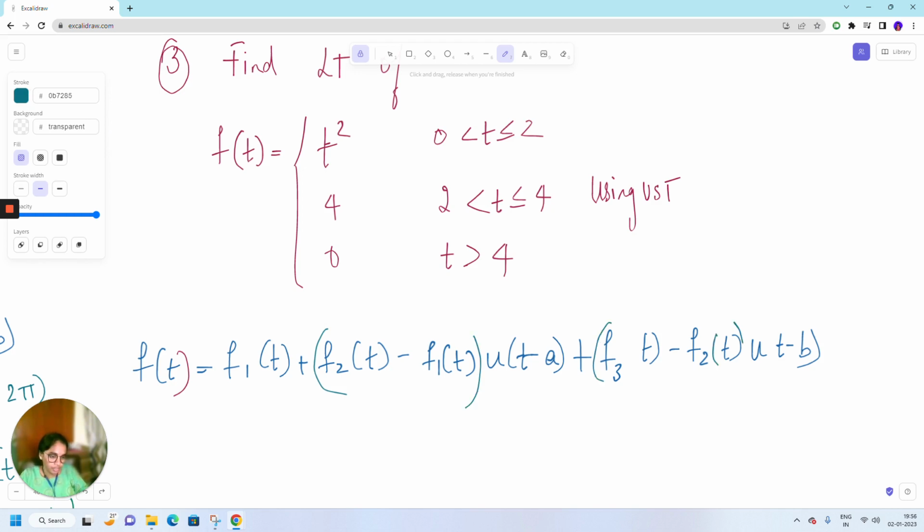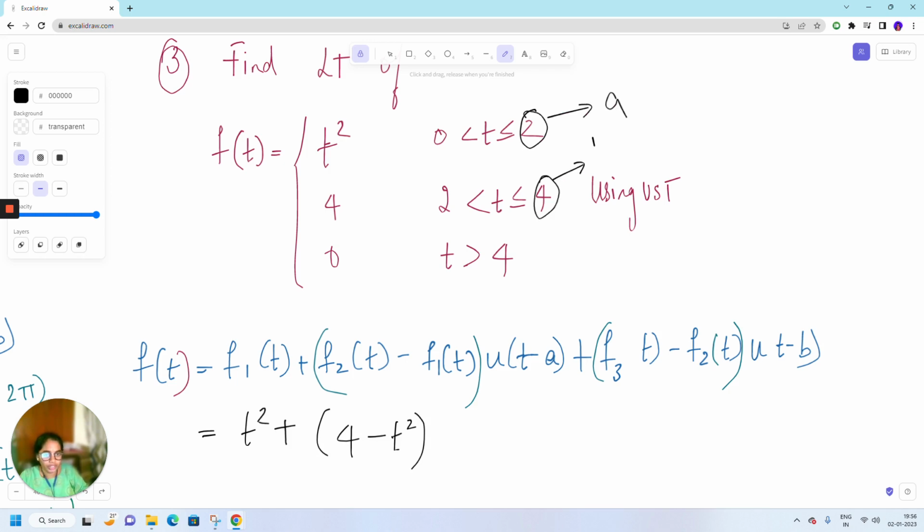What do we do first? We change the given question to a function so that it will be easy to find Laplace. So let me substitute the values. What is f1 of t? f1 of t is t square, plus f2 of t is 4, minus f1 of t is t square. In place of a, I have a.